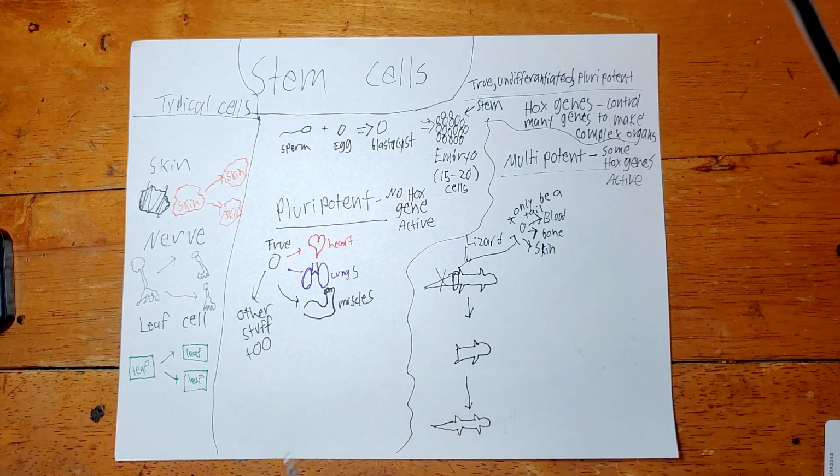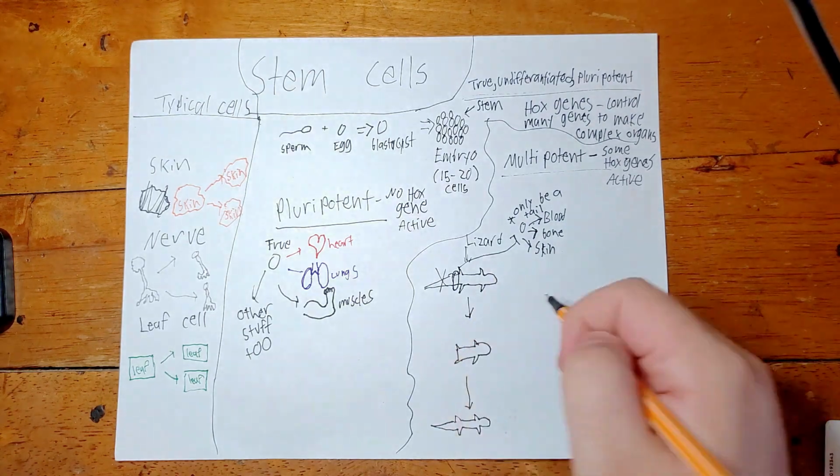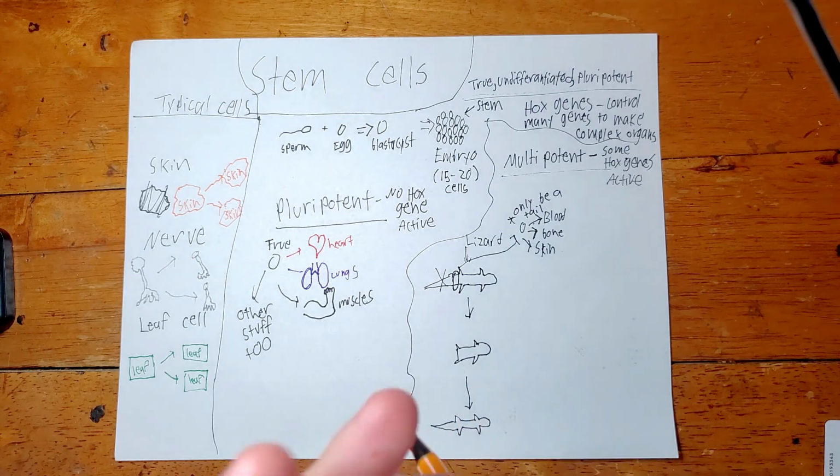So if you were ever wondering, hey, how come plants seem to be able to regrow all kinds of body parts, and lizards can regrow tails, but I can't regrow my hands? The reason for that is stem cells, right? Stem cells are the things that allow stuff to regrow.